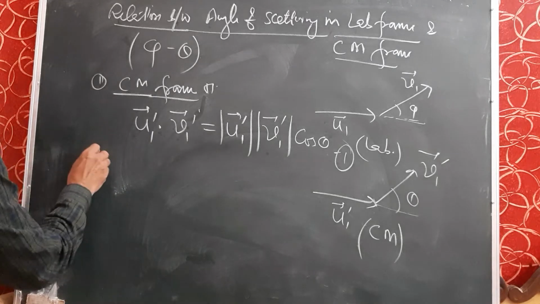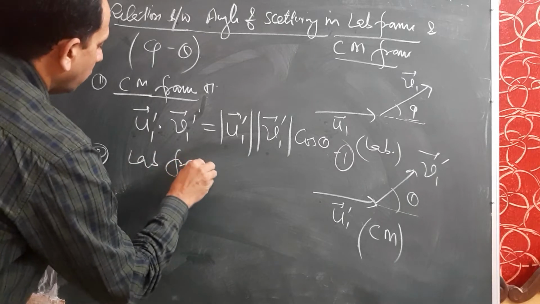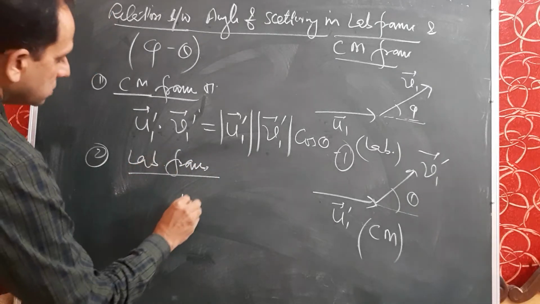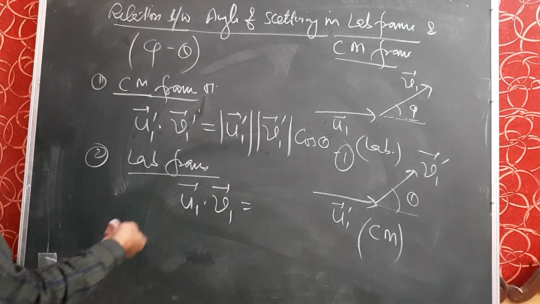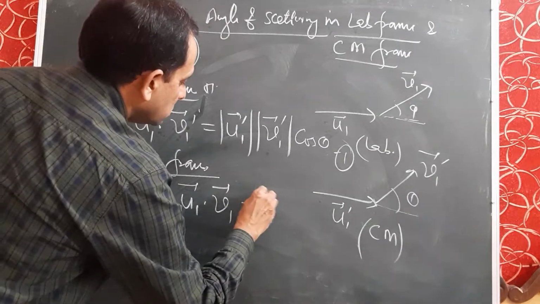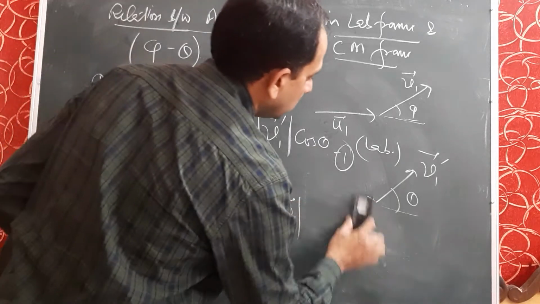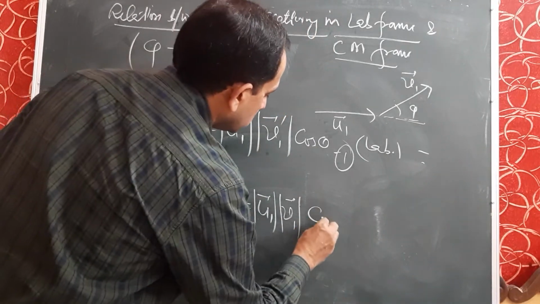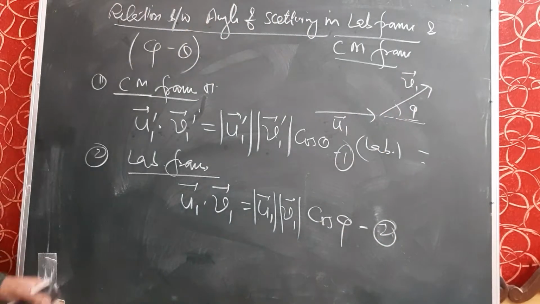Similarly in lab frame, lab meaning laboratory frame, the velocities are u1 and v1, and again using the product of two vectors, u1 dot v1 equals magnitude of u1 times magnitude of v1 times cos phi, because the angle between u1 and v1 is phi.